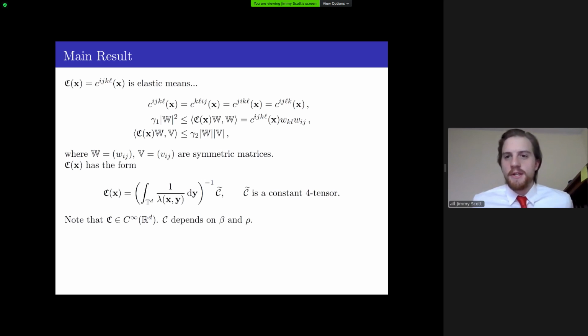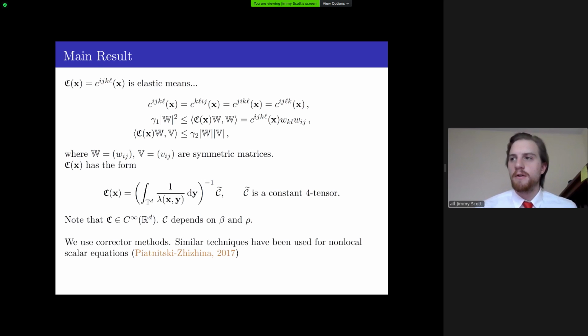This form is expected, and it depends on lambda. And then the constant fourth order tensor, C tilde, depends on beta and rho, but it is still constant. It depends on the moments of beta, which was the parameter, and the influence function or kernel rho.